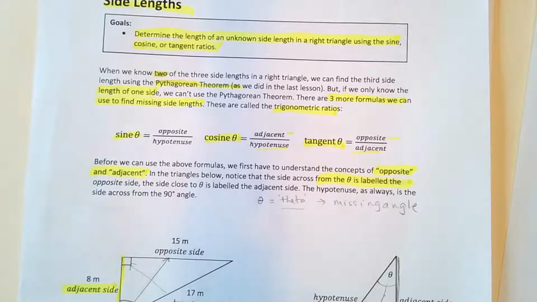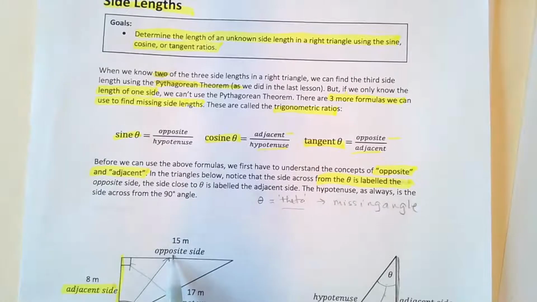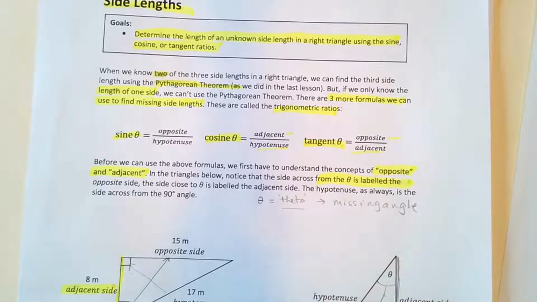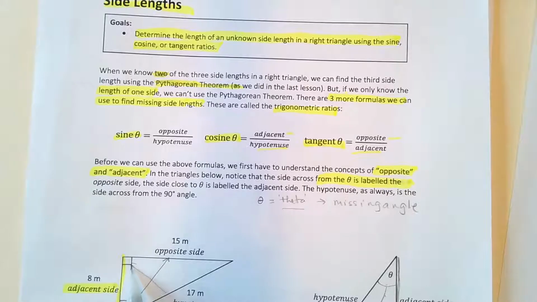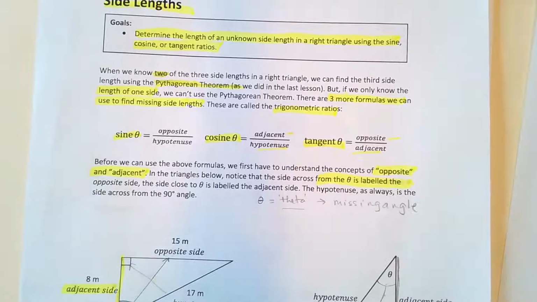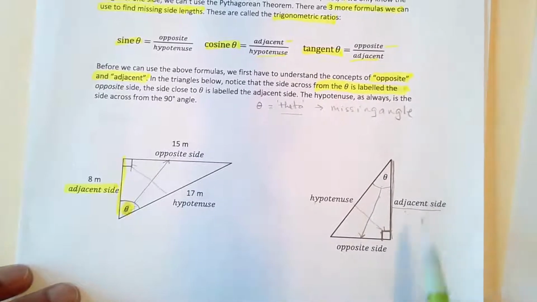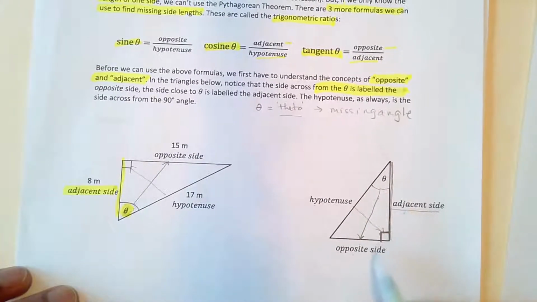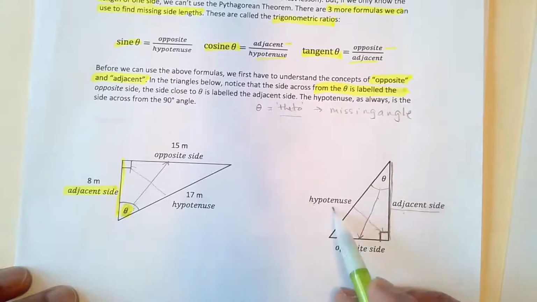In this case, we have theta, the side opposite to the angle given, or missing angle, is the opposite side, and the side adjacent to it is called the adjacent side. Note the hypotenuse is always the side opposite the 90-degree angle. Same as the one over here, we have adjacent side, the opposite, the angle and hypotenuse.